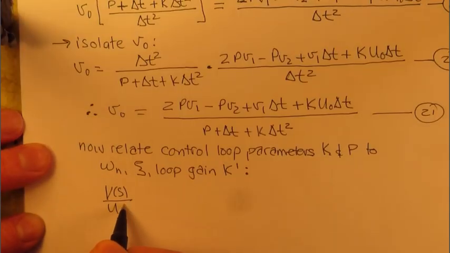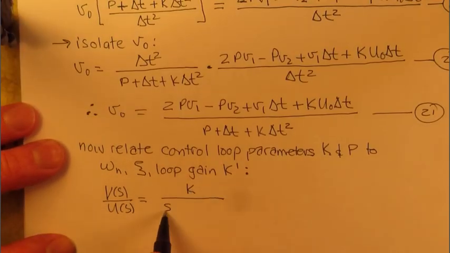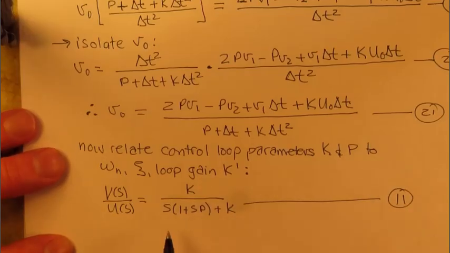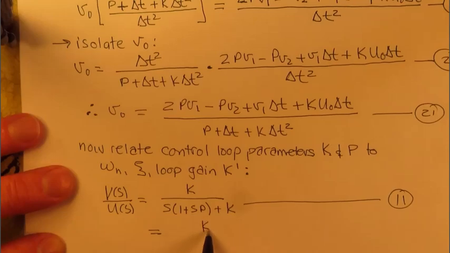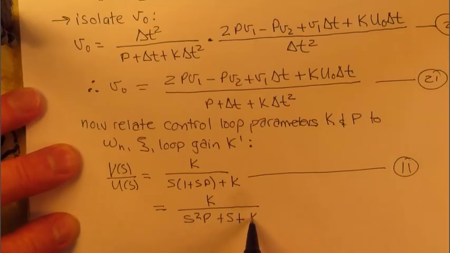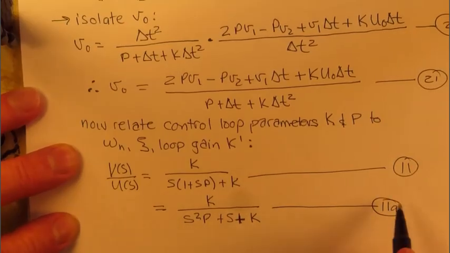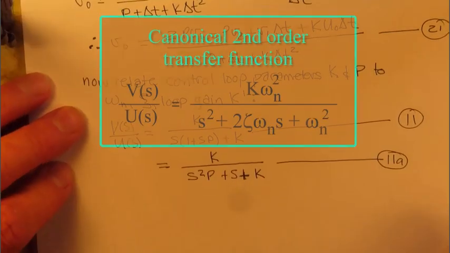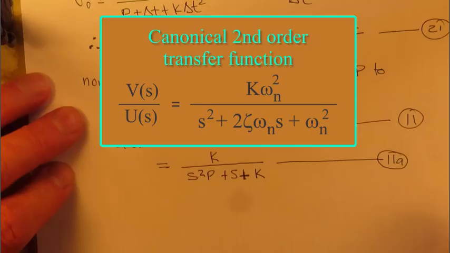So here we go. This is the transfer function. It's equation 11, which we've seen before. Let's rewrite it so the denominator is in the second order canonical form. And that's also right out of every introductory control theory textbook, and that's equation 11a. I also notice in the canonical form that the coefficient of s squared is 1.